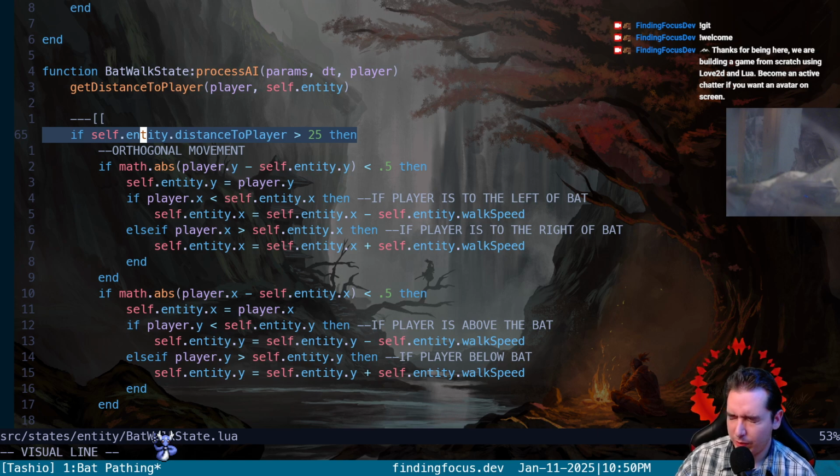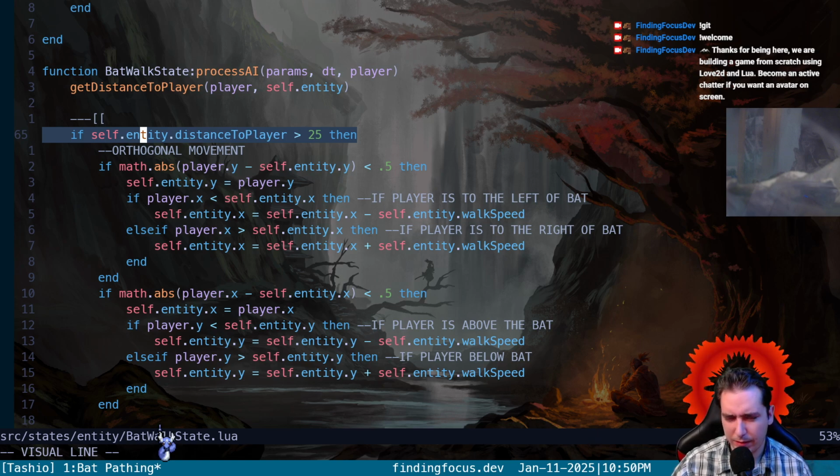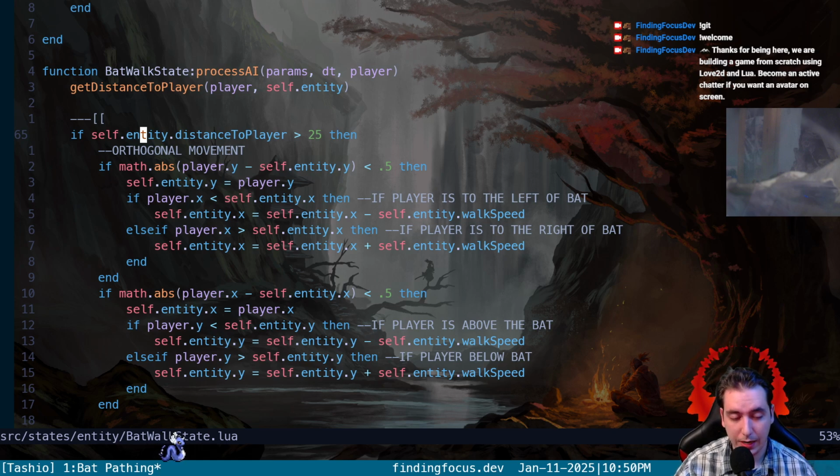The only issue is, you know what? Let's just try to play around with it and see if we can get anything we like. So I think the move is we'll go to our bat entity, and we'll give it an X wiggle and a Y wiggle, or whatever we want to call that, displacement. We could call it displacement.